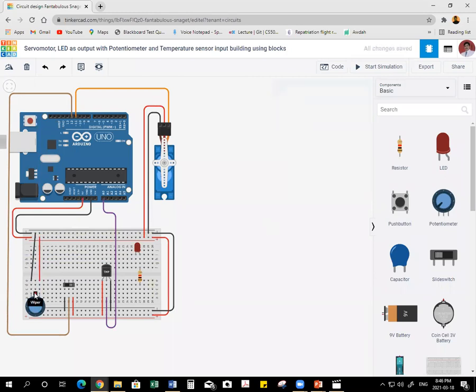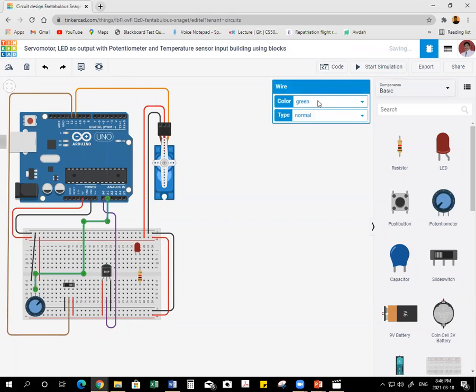Now this potentiometer we are connecting to the second read. So I'll connect this potentiometer to A1. So the two inputs we have. Okay, blue we have. So my connections are finished. How it is working I will tell.